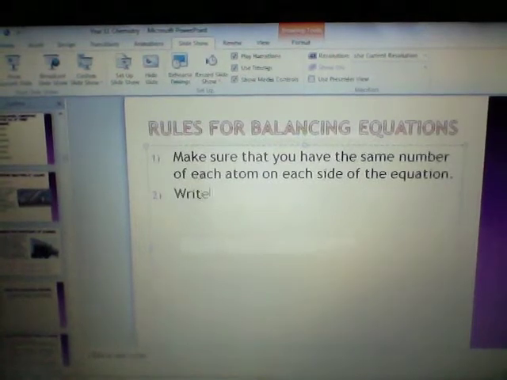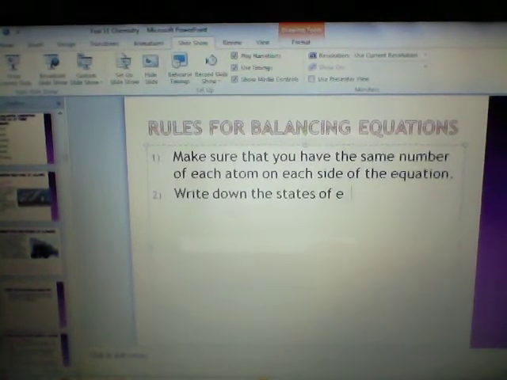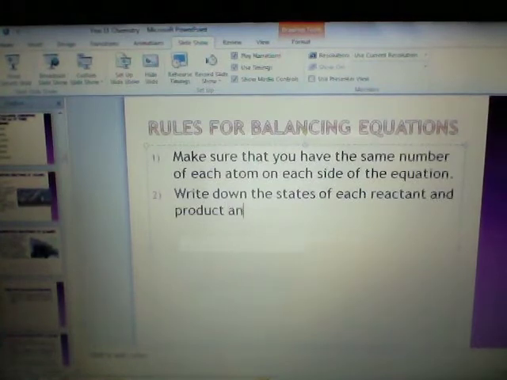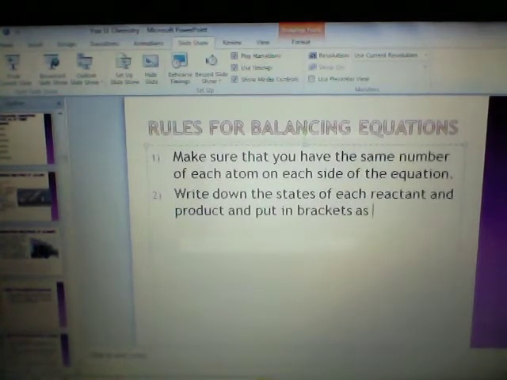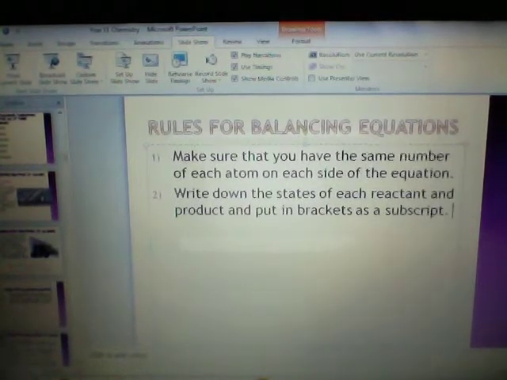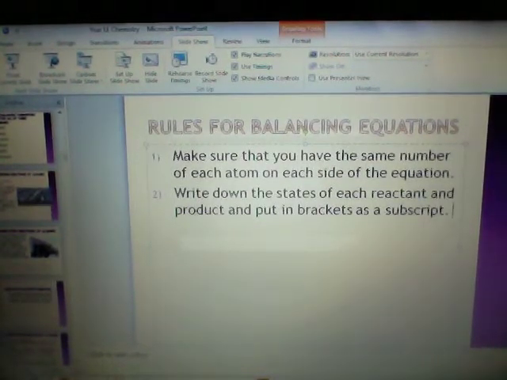Write down the states of each reactant and product and put them in brackets as a subscript.